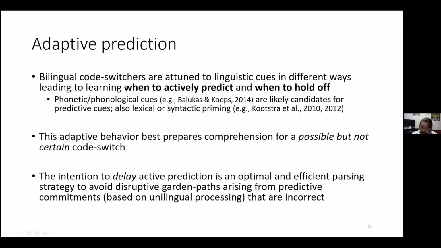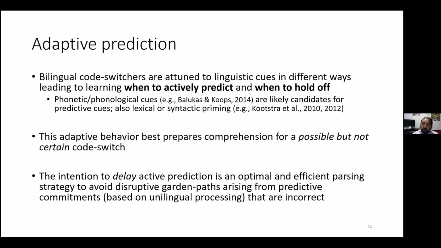Listeners in general, but bilingual listeners as well, are attuned to linguistic cues in different ways, and this should all lead to these shifts of learning when to actively predict versus when to hold off. On the active prediction side, we might think of phonetic phonological cues as likely candidates for predictive cues. Also, prior work demonstrates that priming might also play a role here, whether it be lexical or syntactic.